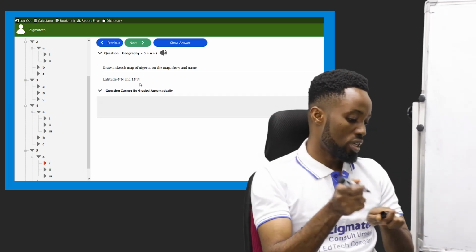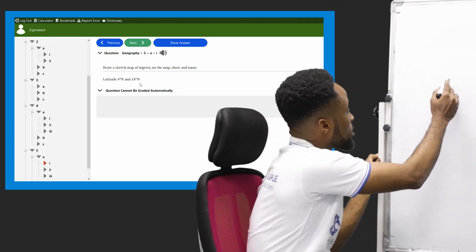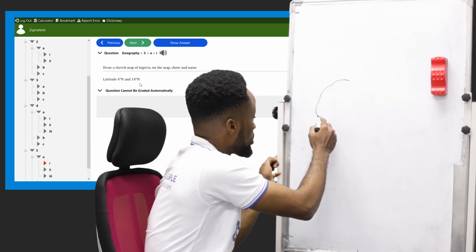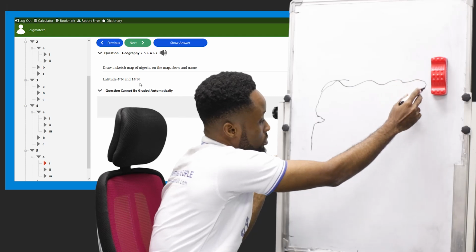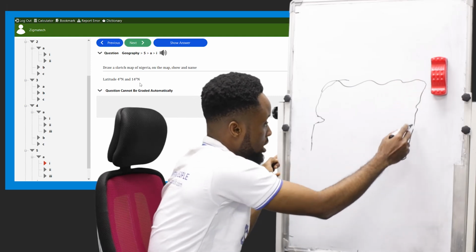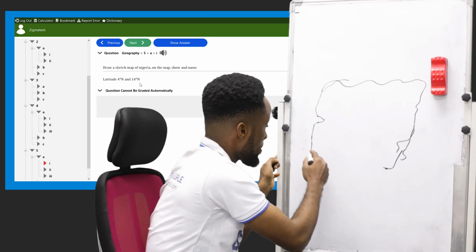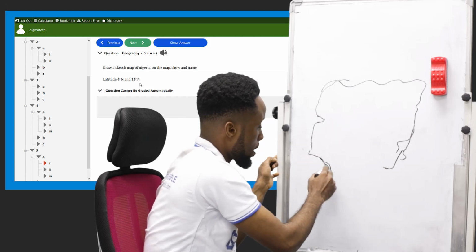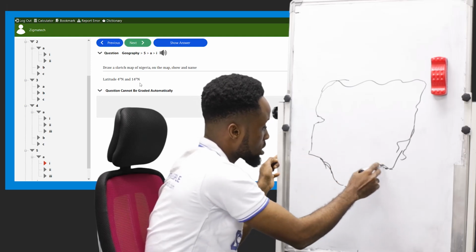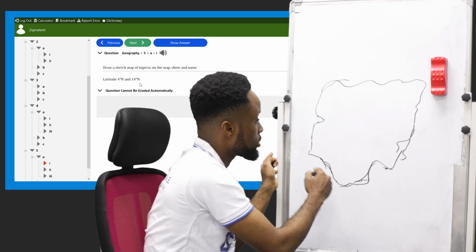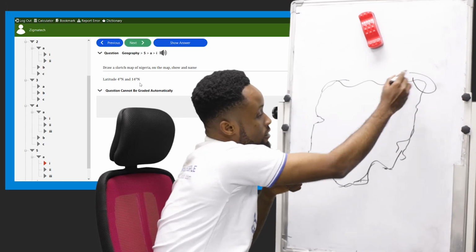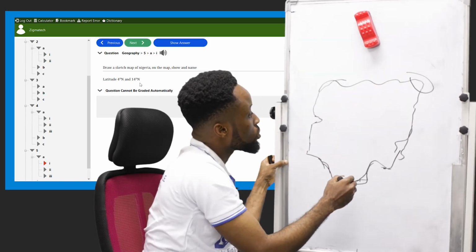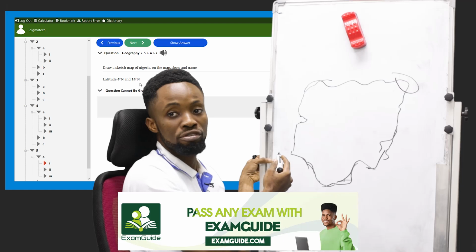So you draw something looking like Nigeria. So you have something like this. This is more like a sketch map of Nigeria, and we have the Chad right here. So this is a sketch map of Nigeria.